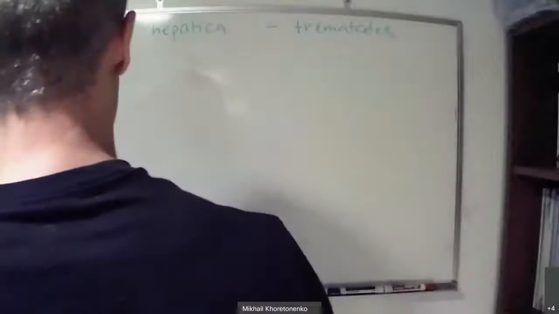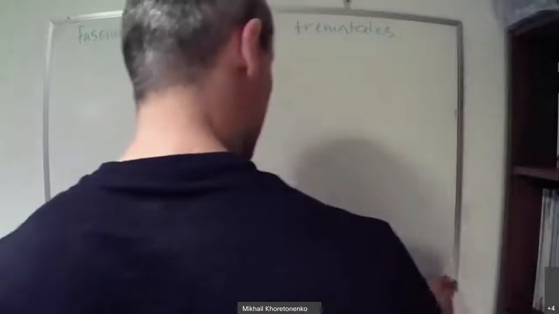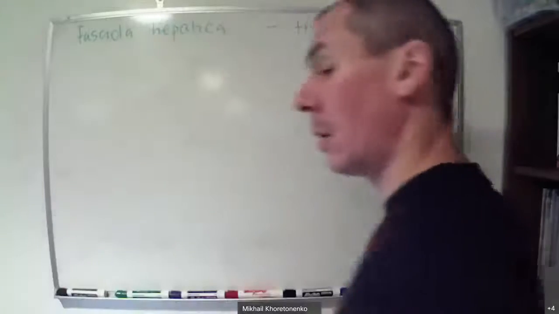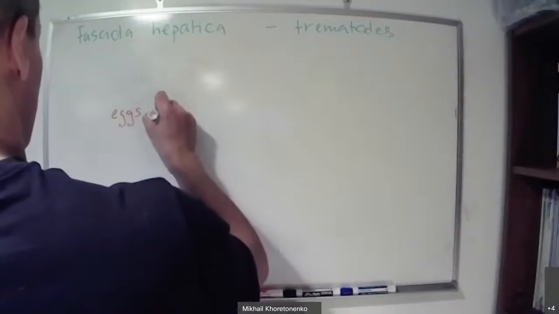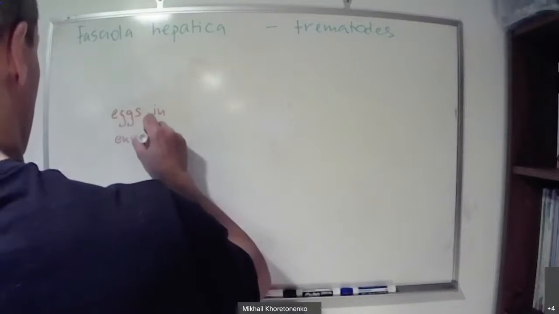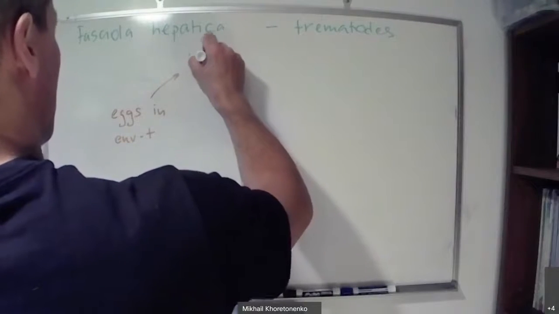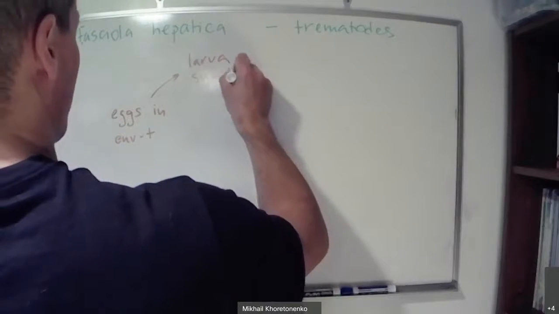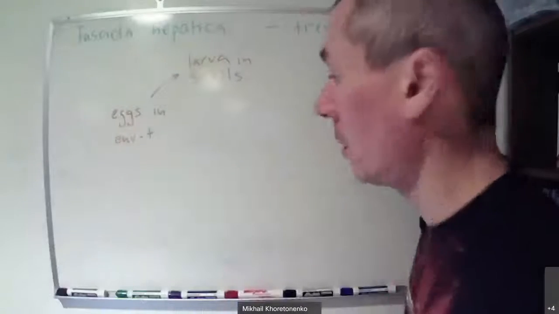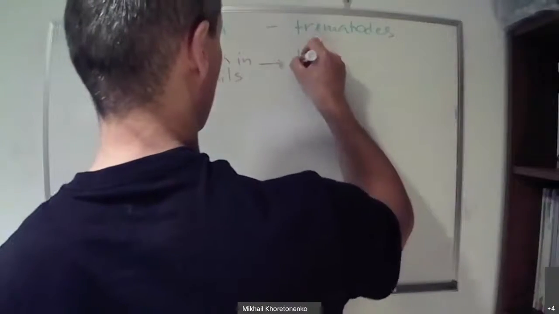The life cycle is very similar to what we just discussed in regards to Schistosoma. Eggs in the environment get picked up by a snail where they develop into larvae. From the snails, larvae end up in the water.